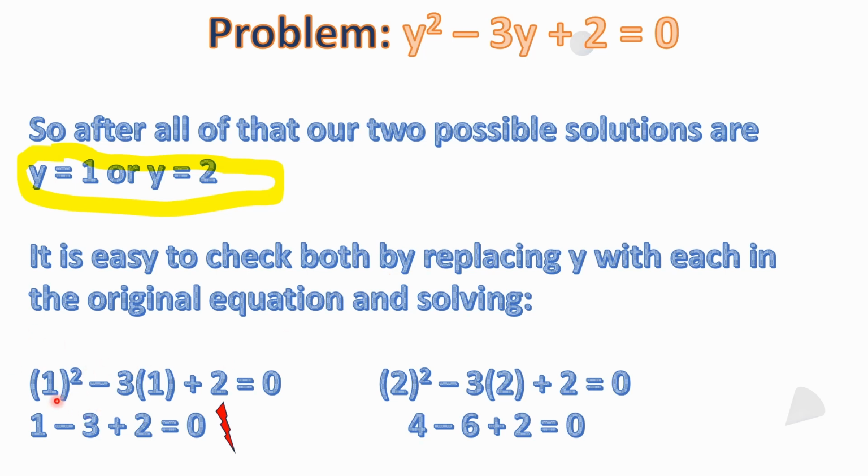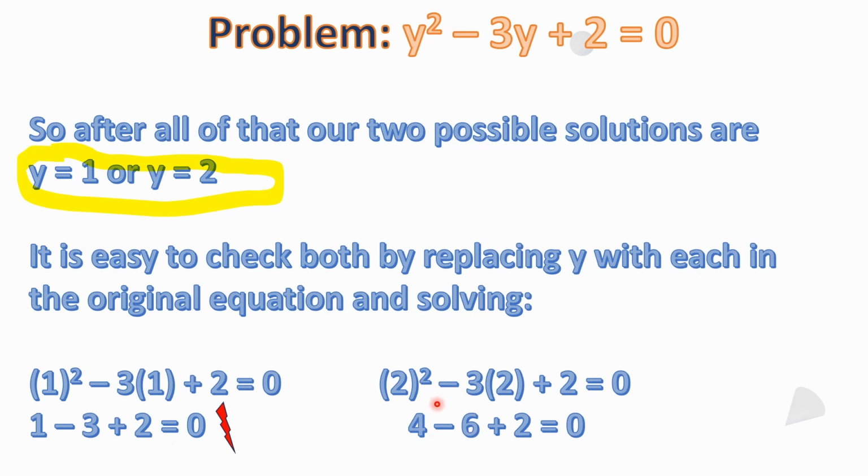And if we do that, we could say, well, if we're assuming y equals 1, 1 squared is still 1, minus 3 times 1 plus 2 is 0, right? So that gives us 1 minus 3, which is minus 2. Minus 2 plus 2 is 0.